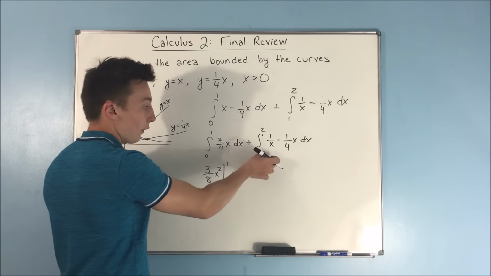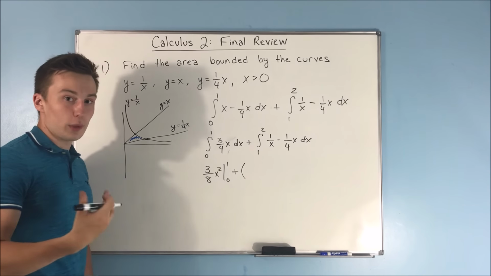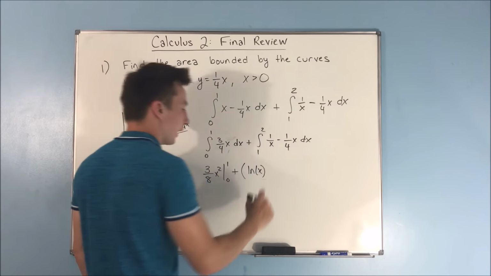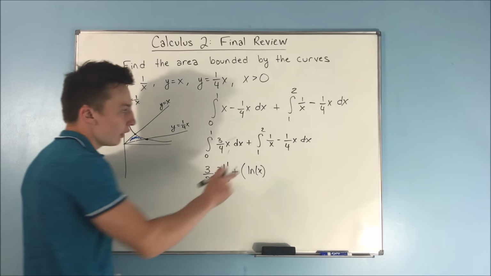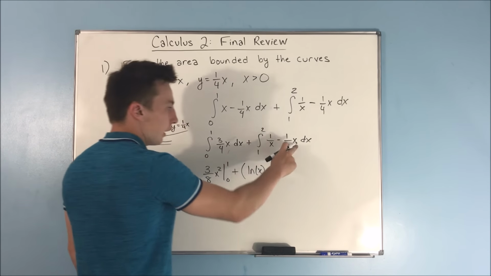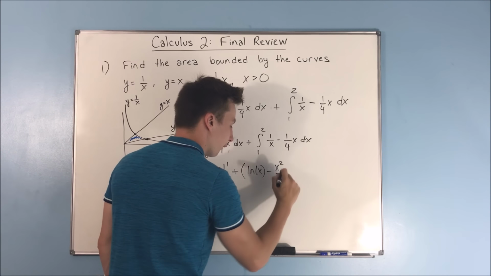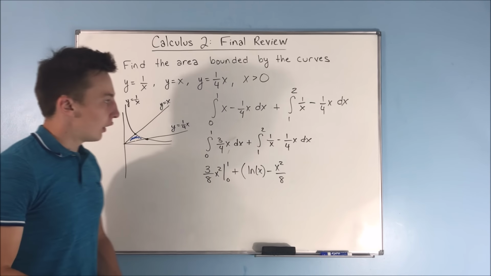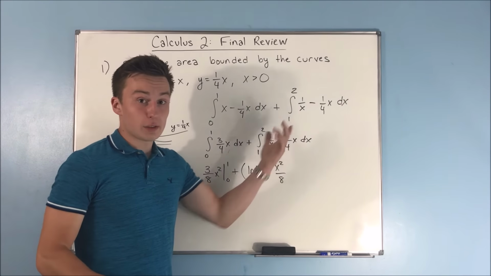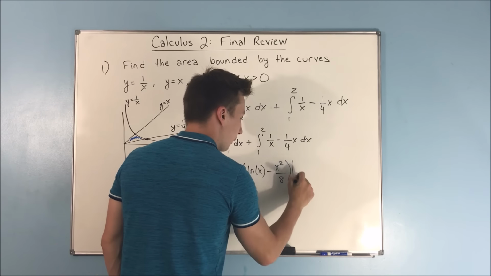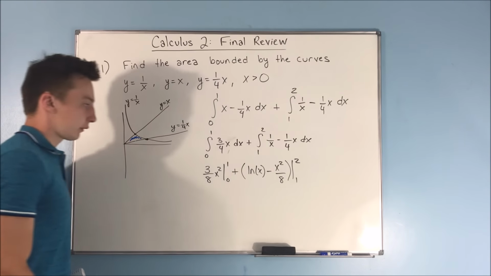We're only dealing with positive x's in our bounds, so we don't really need to worry about that absolute value. So we can just write natural log of x. Next, we'll have a minus, the integral of 1/4 x is going to be x squared over 8, or 1 over 8 times x squared, if that sounds better to you, and this will be evaluated from 1 to 2.